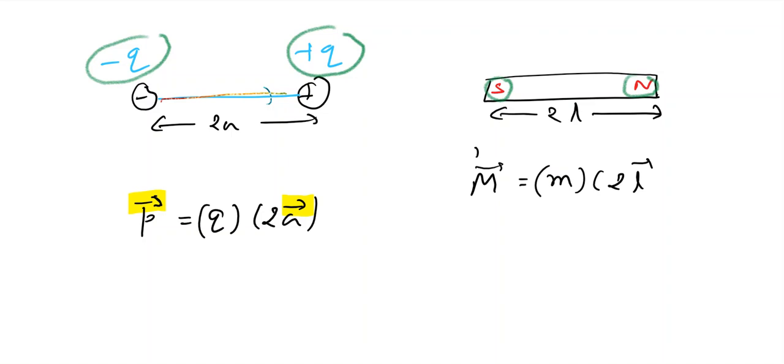Okay, so what is Q? Q is charge. What is m? m is pole strength. Because different charges have different electric lines coming out of it. Similarly, different poles have different magnetic field lines coming out of it.